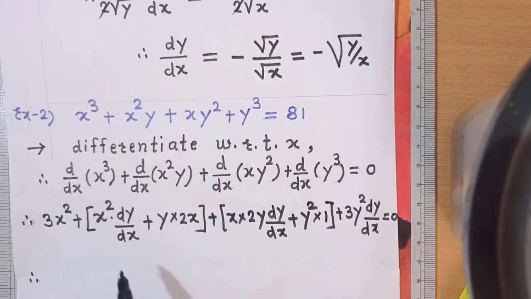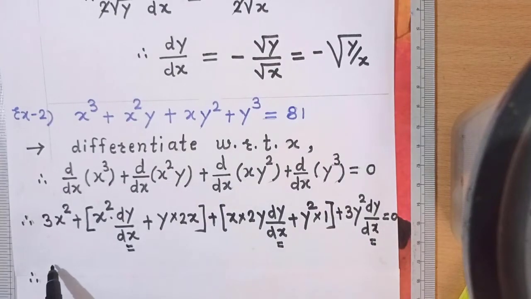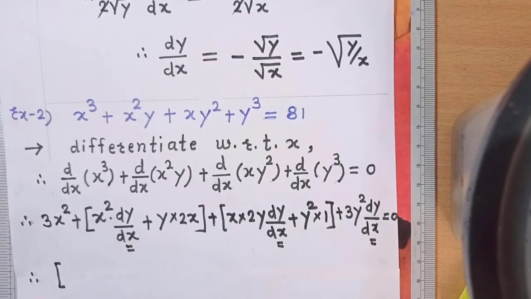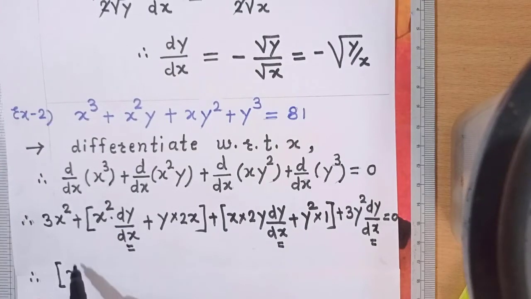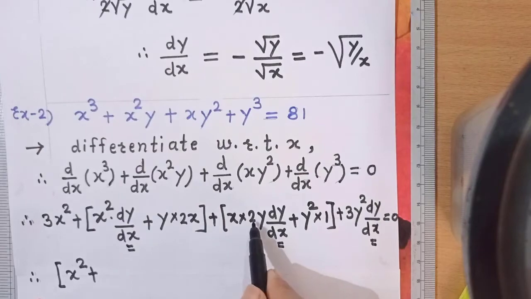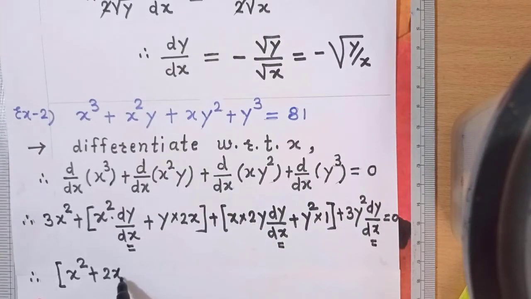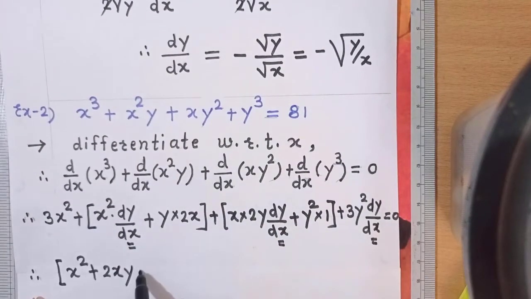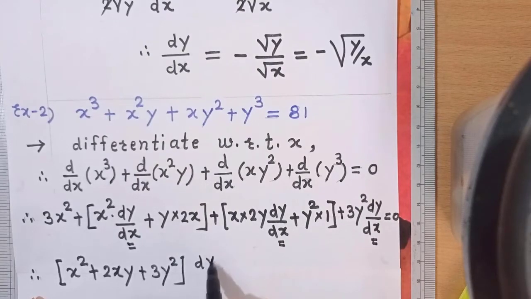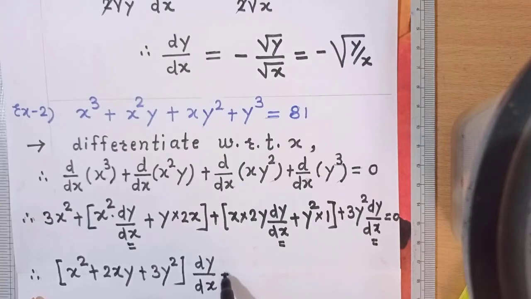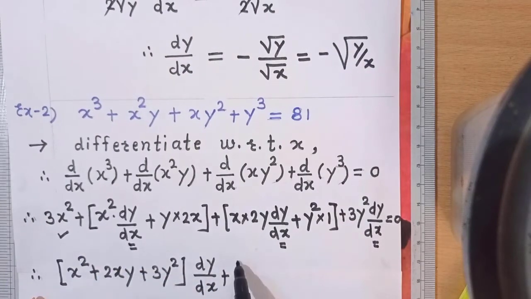Now here collect the dy by dx terms, so here we can observe here also, here also, so I am taking this coefficient in a bracket, so x square, then plus 2xy, then plus 3y square, dy by dx, and collect remaining terms.